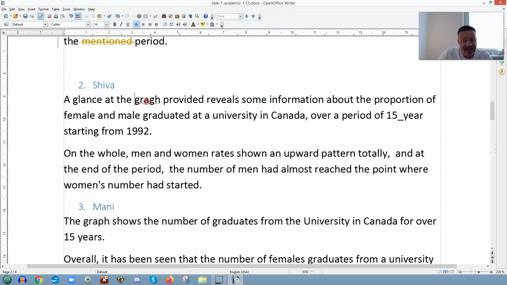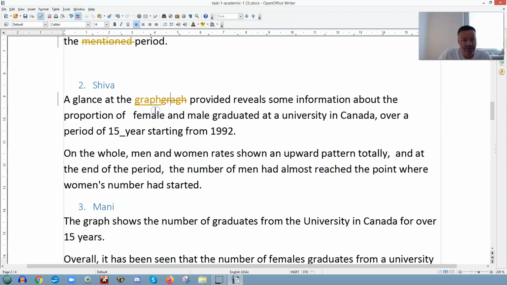A glance at the graph provided reveals some information about the proportion of female and male graduates at a university in Canada over a period of 15 years, starting from 1992. Again, you could have mentioned how it was measured, in tens of thousands, but okay.